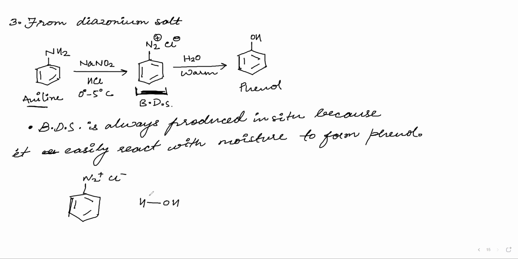So what will happen? This HCl can abstract this H. This nitrogen is already very electronegative. Now with positive charge, it becomes more electron pulling. So this carbon will become delta positive. It will pull all the electrons. Now this OH has a lone pair, so OH will go and attack this carbon. So you will be getting phenol.